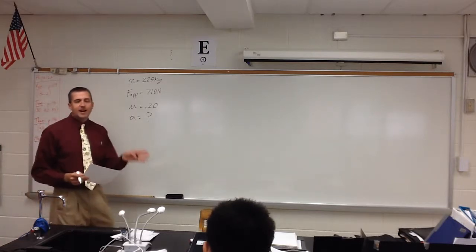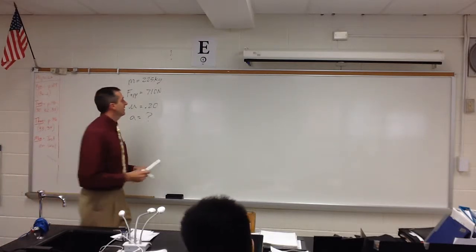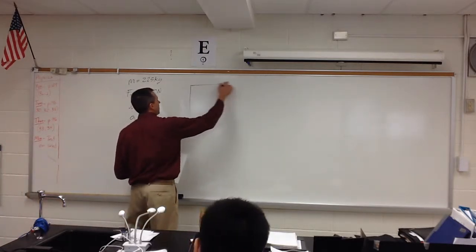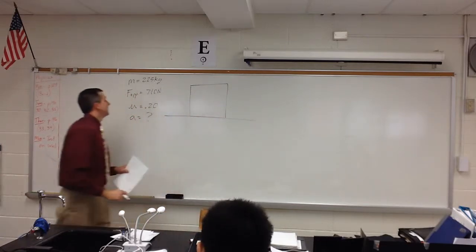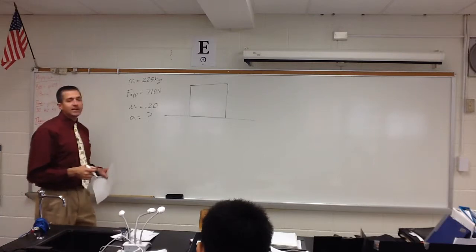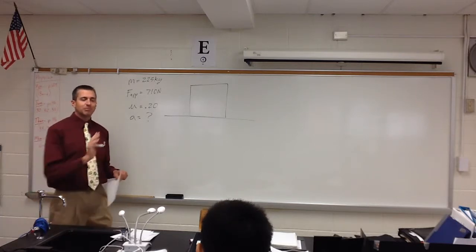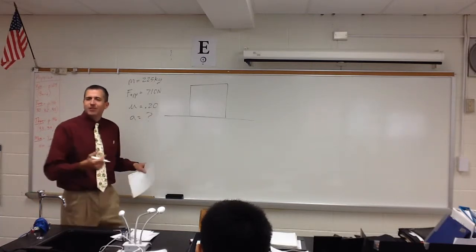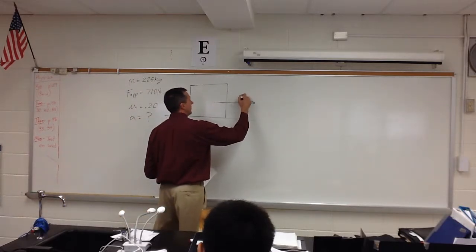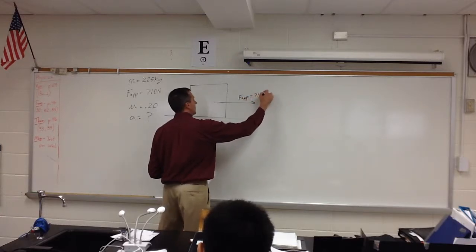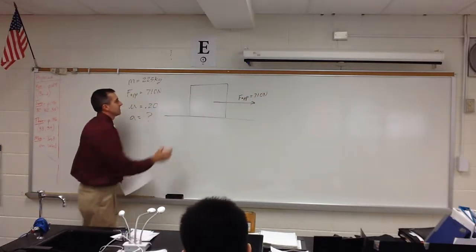Step one, I have to get a picture that makes sense. So I'm going to draw something that looks like a crate to me. There's a crate. For some reason, in my mind, when I draw these pictures, I always am pulling the thing to the right. I don't know why, it doesn't have to be like that, but since I'm pulling it to the right, my applied force, which was claimed to be 710, is going to pull to the right.